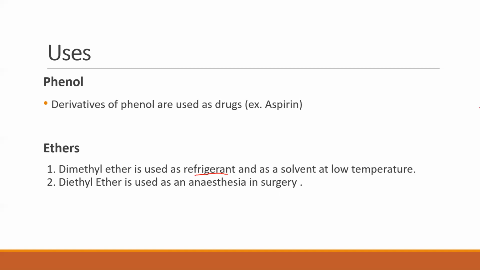A refrigerant is something that is used in conditions where you need to reduce the temperature to sub-zero conditions, and it is also used as a solvent at low temperature. Diethyl ether is used as an anesthetic in surgery.